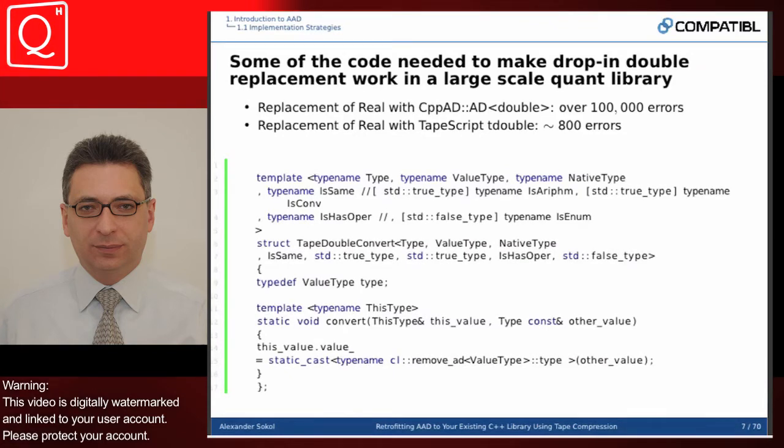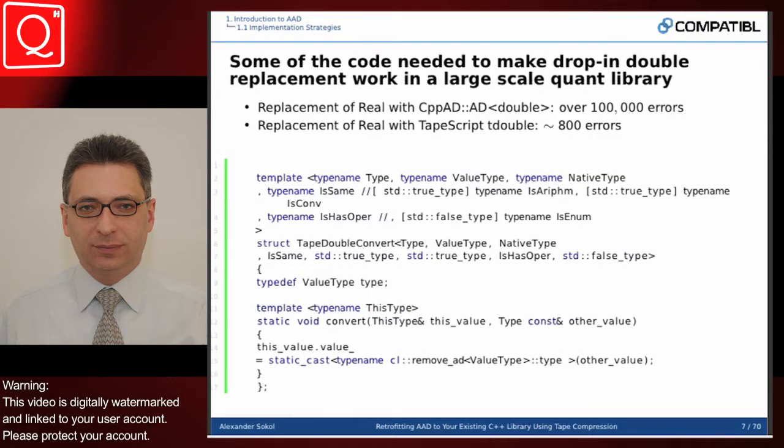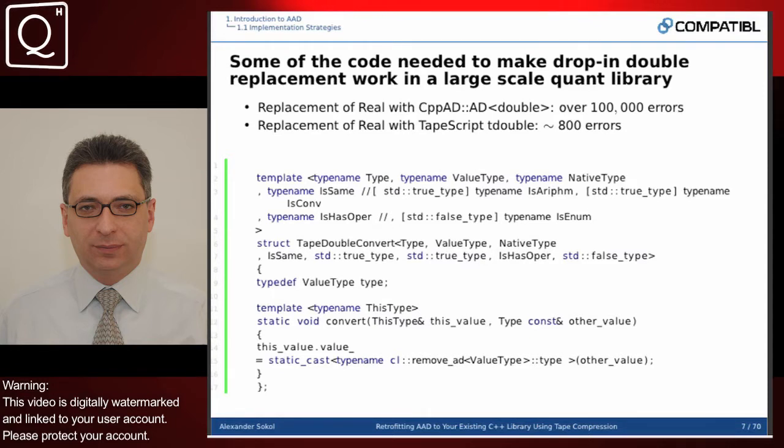The C++ compiler, and this is wired into the standard and cannot be changed, treats native types such as double in a slightly different way from user-defined types such as T double or A double, as far as implicit conversions. So if you have a class which returns, like in QuantLib, for example, something called Array, which is a class, and then that class can be converted through implicit conversion to double, you will get compile time errors.